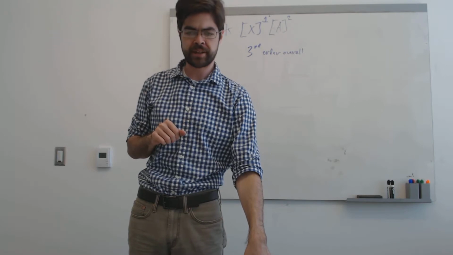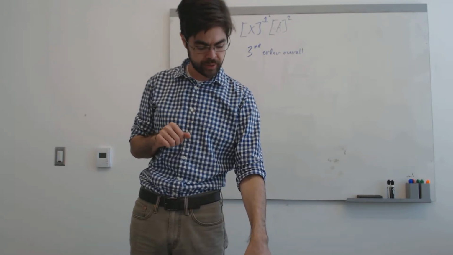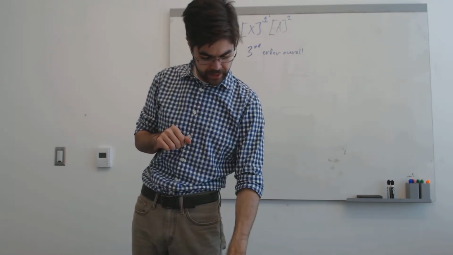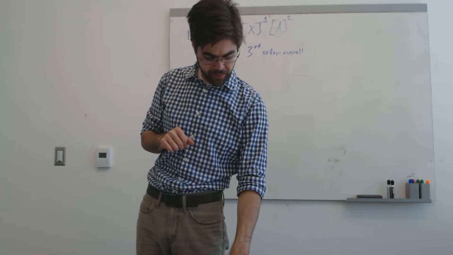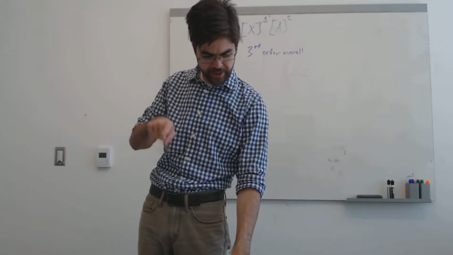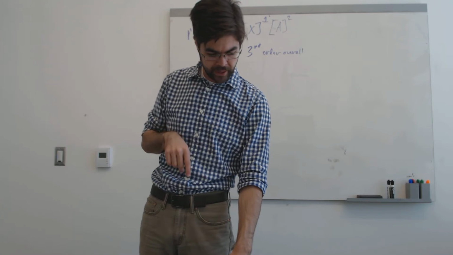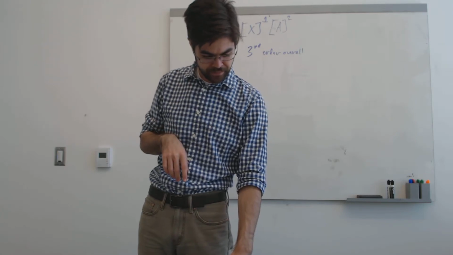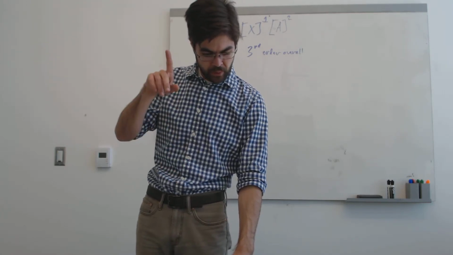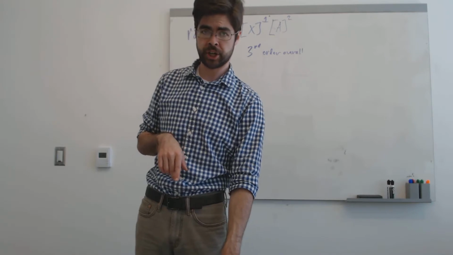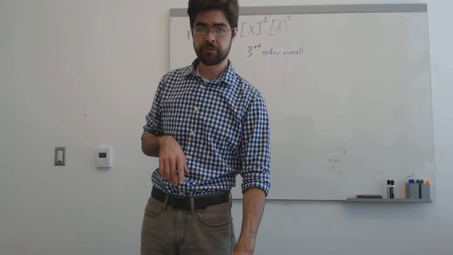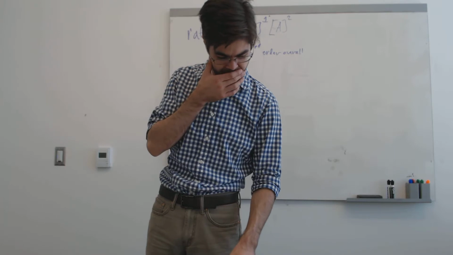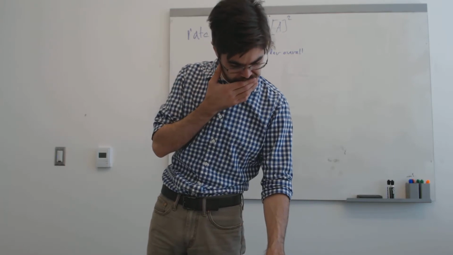Order of reaction has other consequences since the rate of the reaction depends on concentration. That depends on how concentration changes. The way that concentration changes is also different for different reactions, and I can talk about that in just a second.